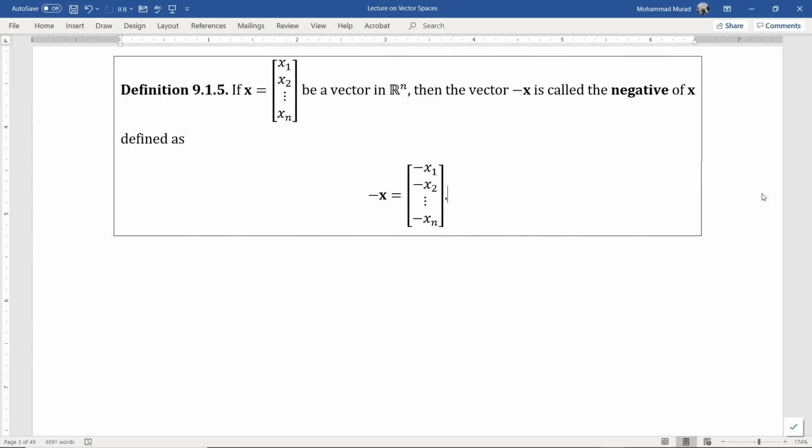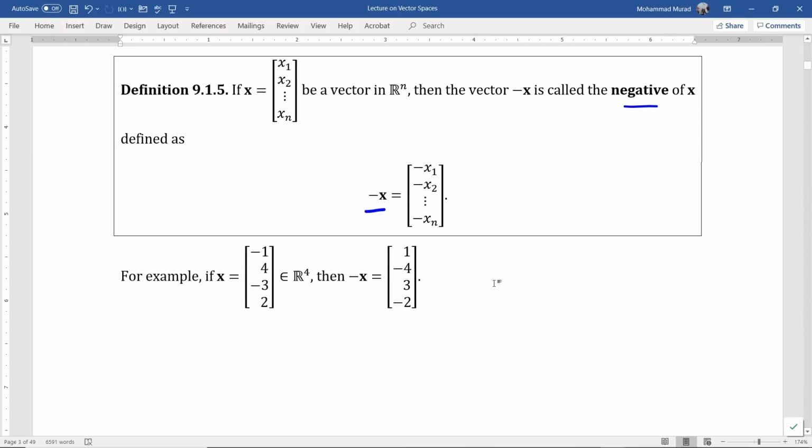Definition: if x is a vector in Rn, then the following vector is called the negative of x, denoted by negative x, which has components the negatives of the components of the vector x.